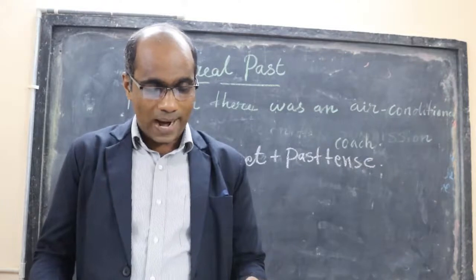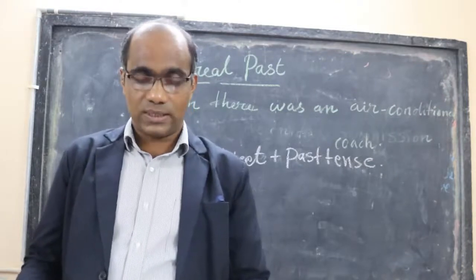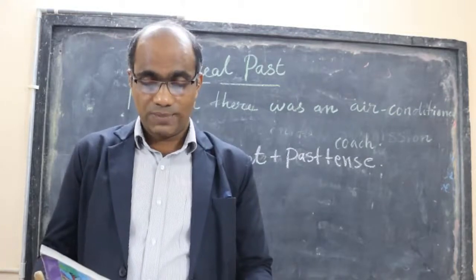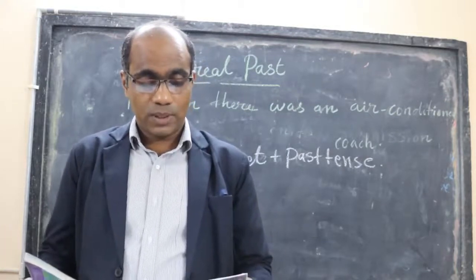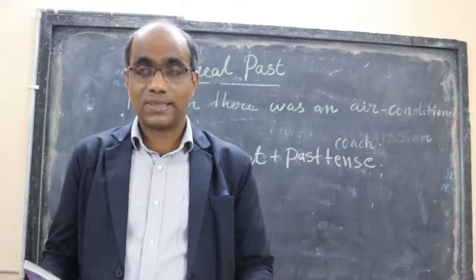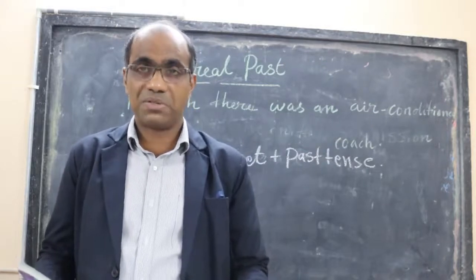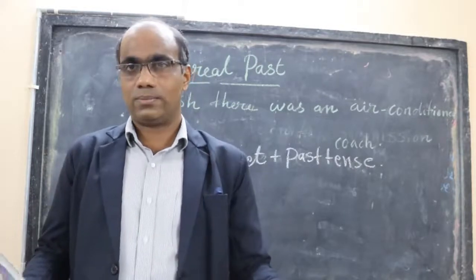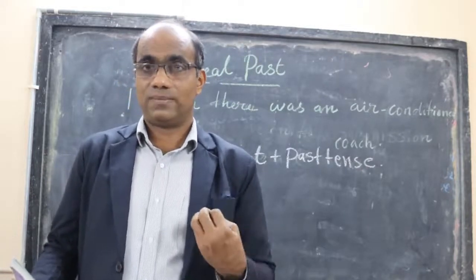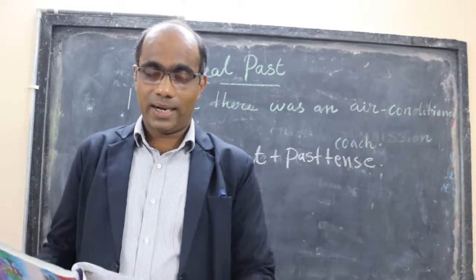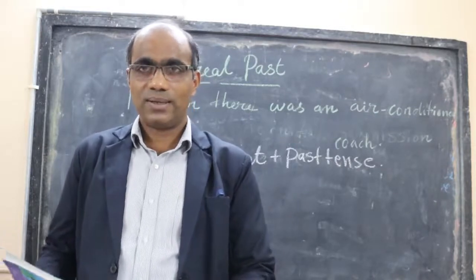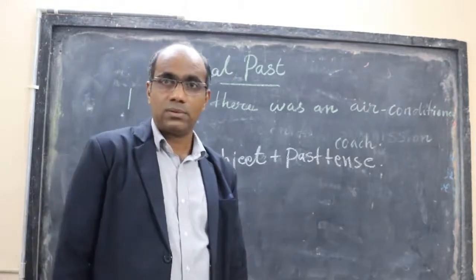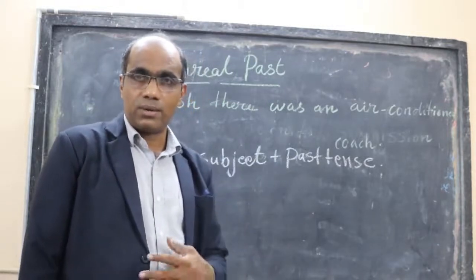Sindhu has missed her school bus. She has to go to the school urgently. She wishes to have a car. How would Sindhu express her wish? So the simple answer is, I wish I had a car. Actually, she has no car, but she wishes, I wish I had a car. Did you understand? So let us write down the things there with attention, pausing the video.